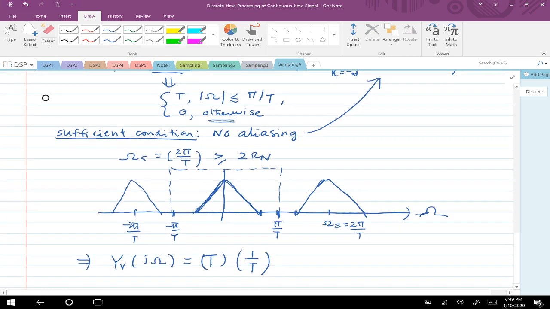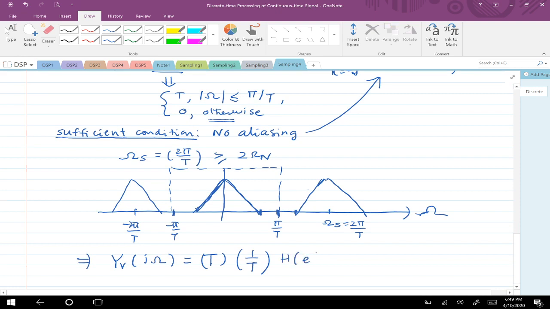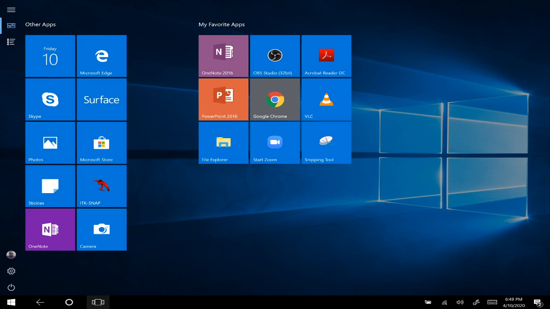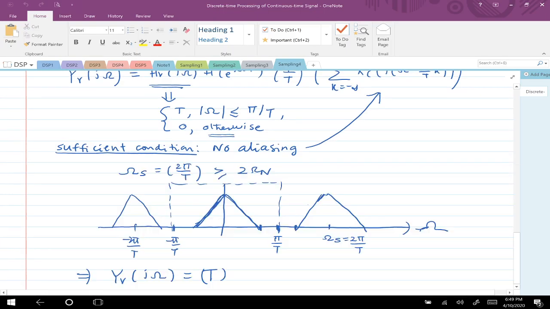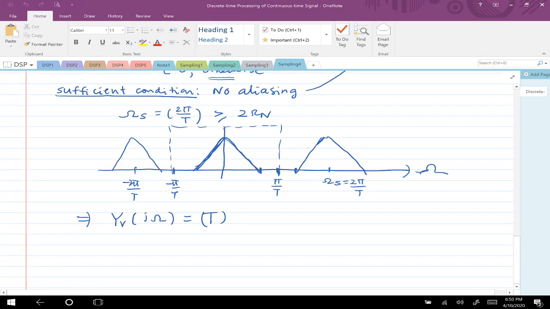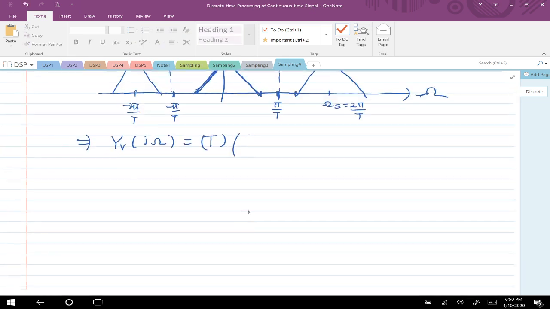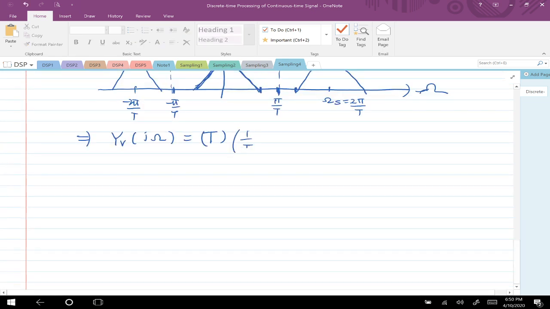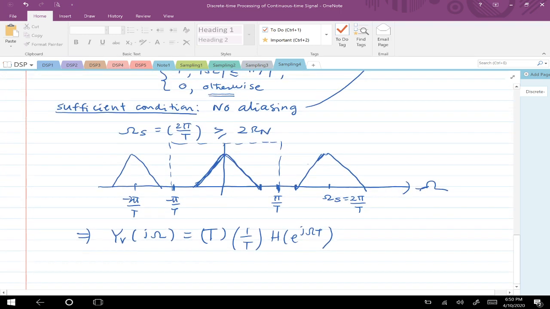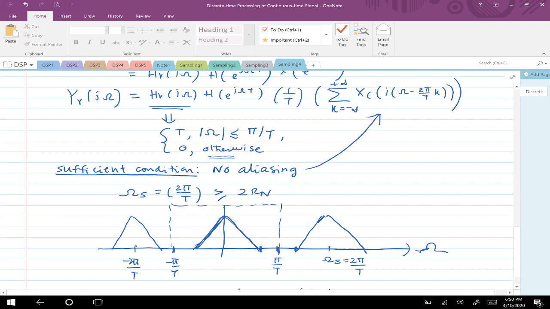H of e power j omega T. This is 1 by T, H of e power j omega T, correct?